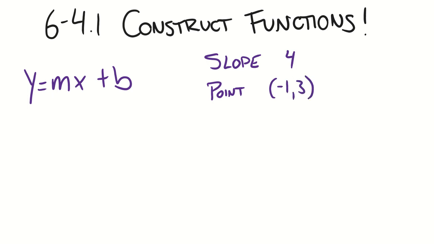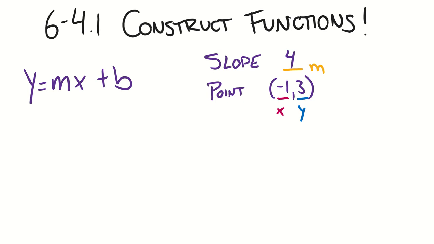Now, when we talk about our point, -1 is our x value, 3 is our y value, and our slope is our, oops, not our b value, our slope is our m value. So we can take these three values and plug them into our equation with the information we have right now.